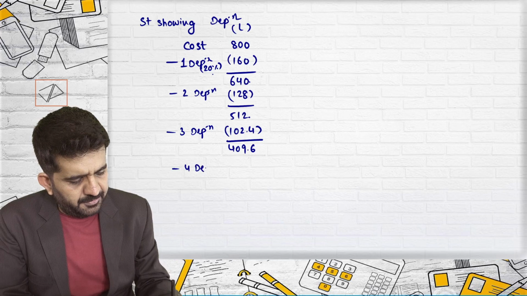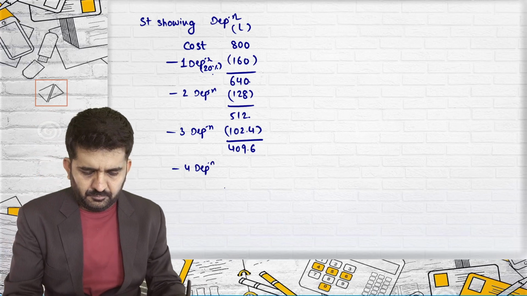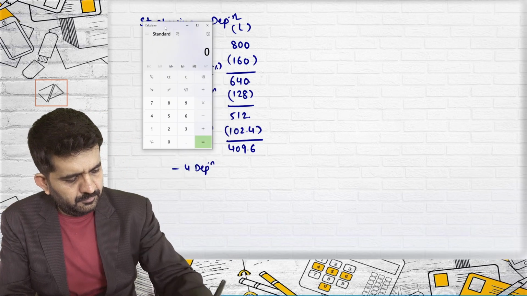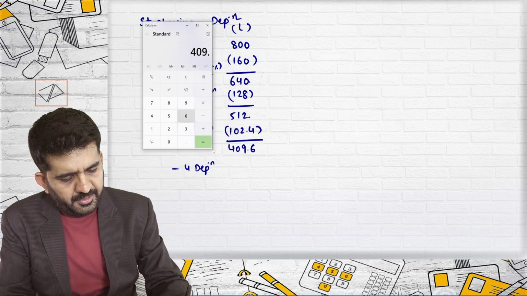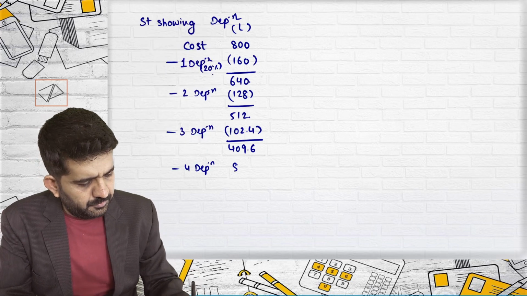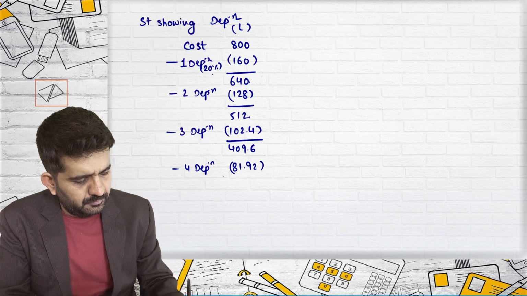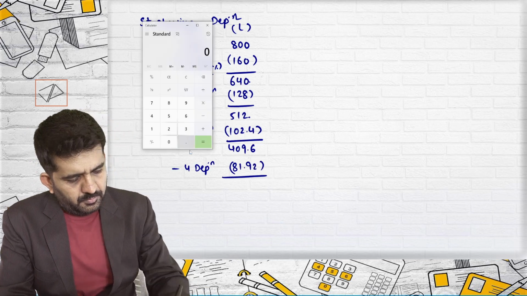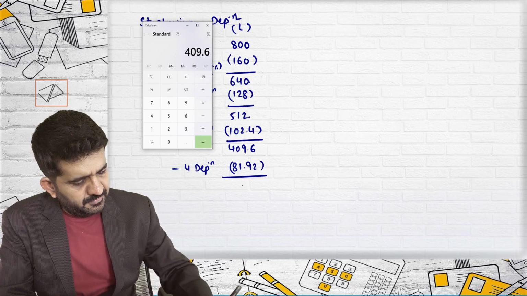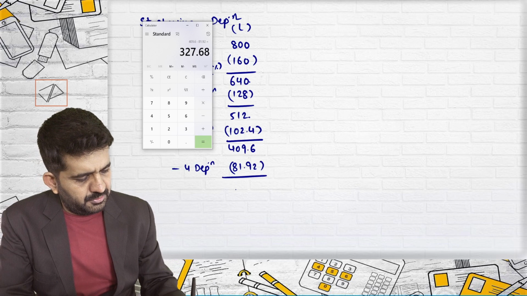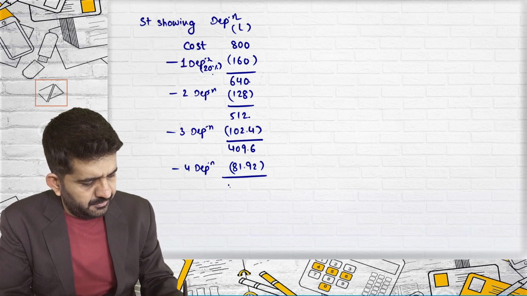Minus fourth year depreciation: 409.6 multiplied by 20% is 81.92. 409.6 minus 81.92 is 327.68.